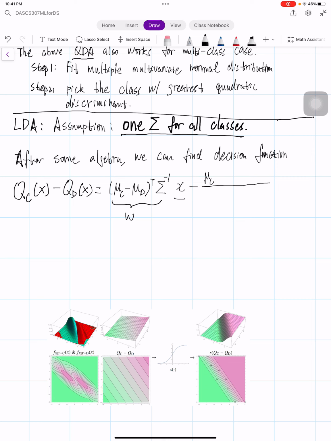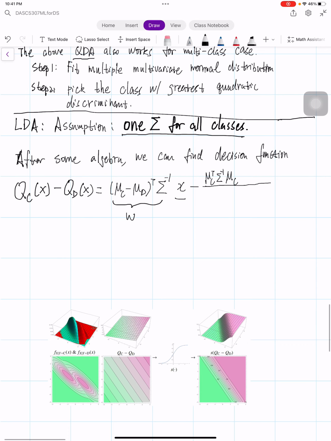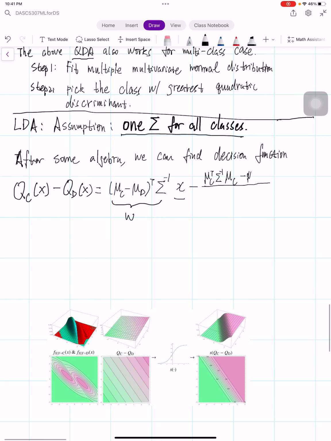mu c transpose sigma inverse mu c minus mu d transpose sigma inverse mu d, over 2, plus the prior information, log pi c minus log pi d.